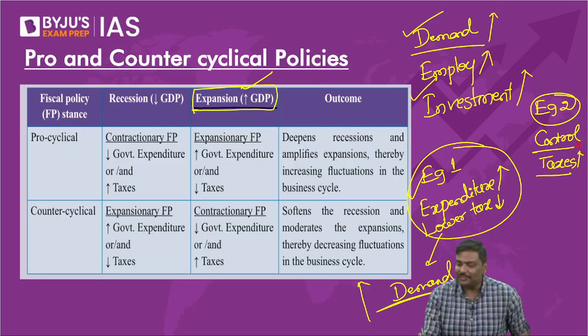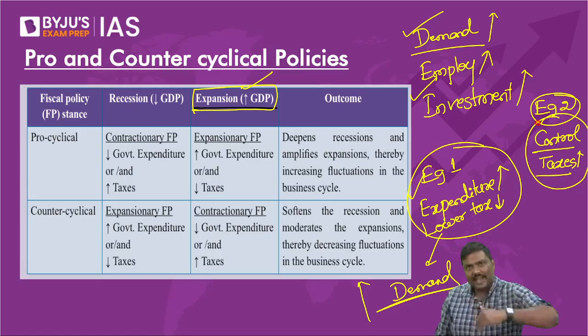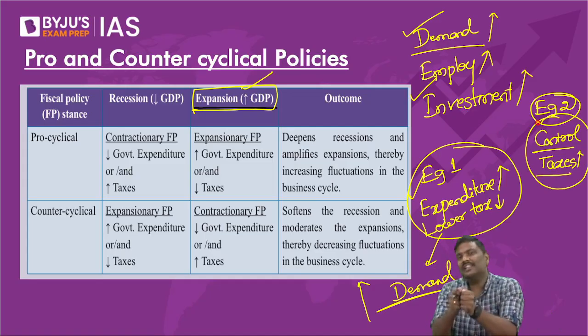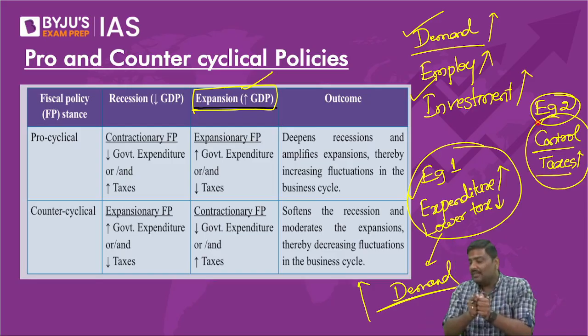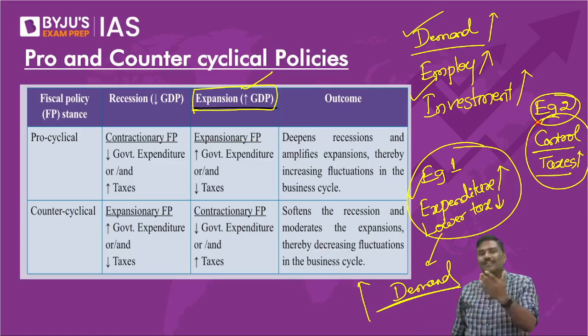Don't you think if the government controls its expenditure and collects more taxes because incomes are very high, demand will be controlled in the economy? And if demand is controlled, can it cause inflation? No.